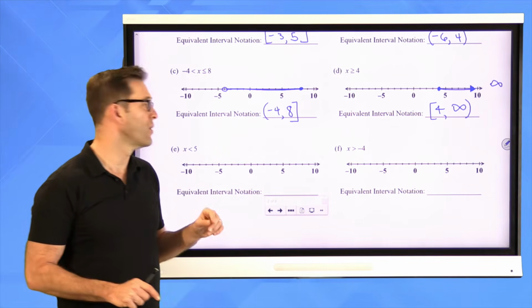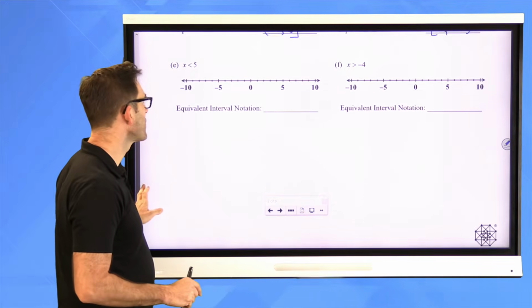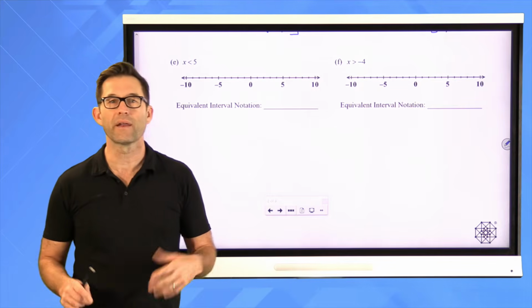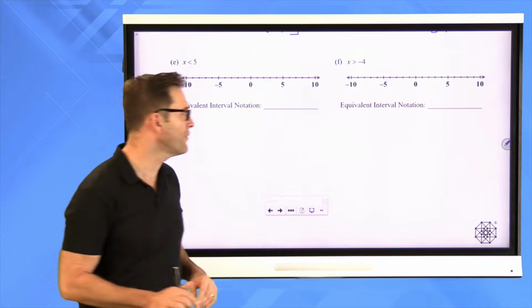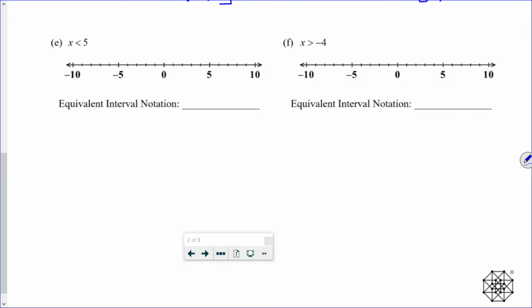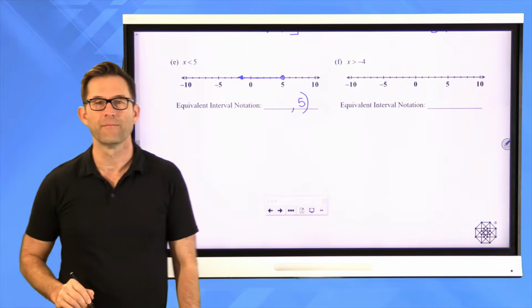Let's take a look though at letter E. This can be a little bit tricky when we have a less than. So in letter E we have x is less than 5. Again, simple enough. I'm going to put a circle on the 5. We've got a less than, so we're going to the left. Now, what that tells me is that the 5 is my second number, and since it's not included, I'll put a parentheses there.